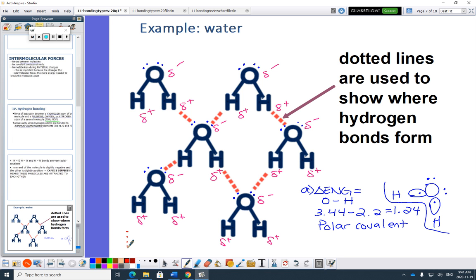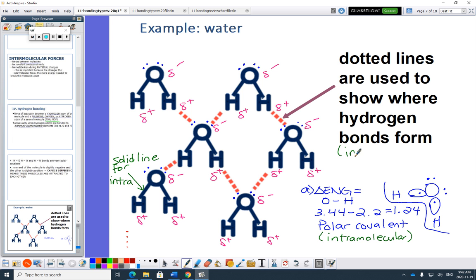So if you want to label that here, I'll pick green. It does say here the dotted lines are used to show where hydrogen bonds form.